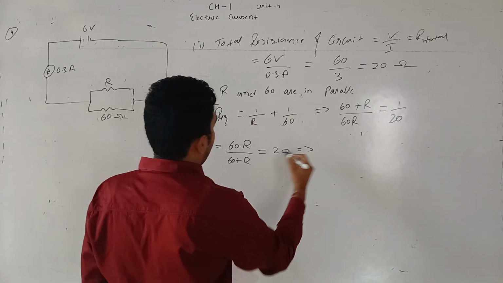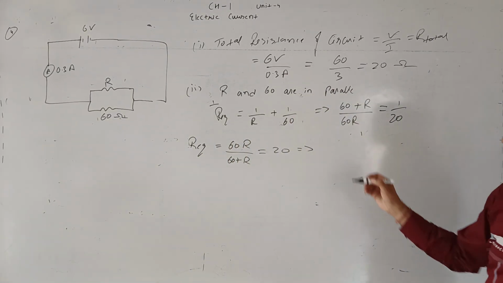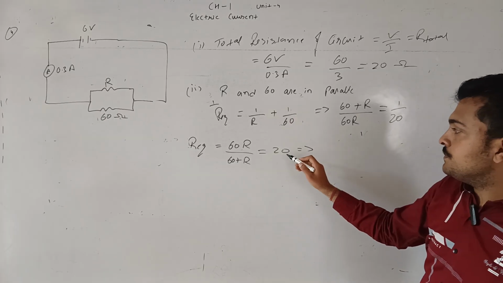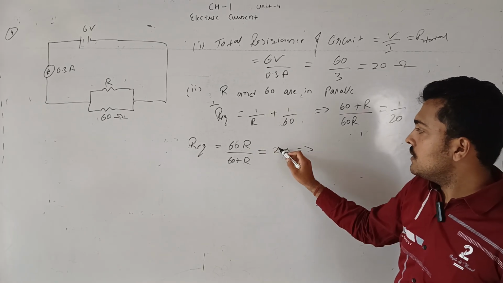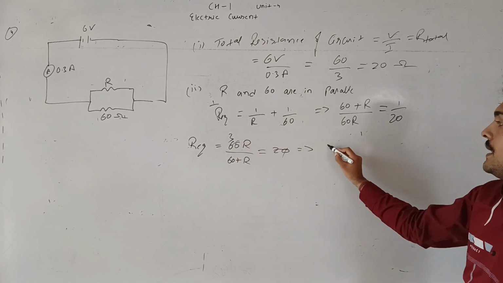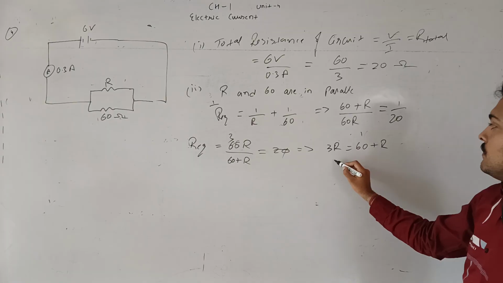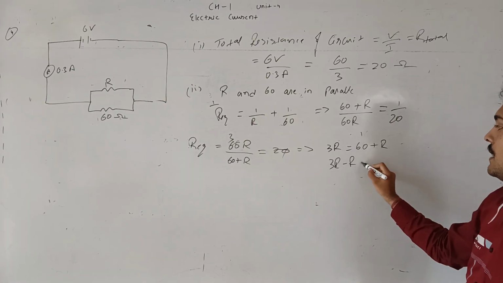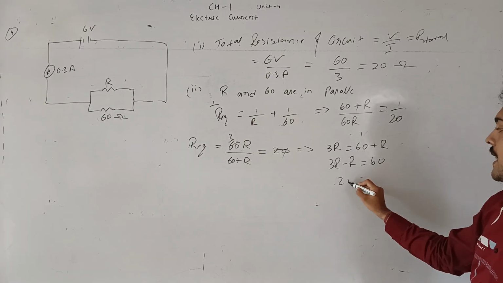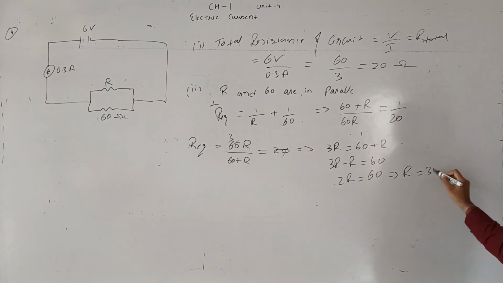From here, 3R is equal to 60 plus R. So 3R minus R is equal to 60, 2R is 60, and R comes out to be 30 ohms.